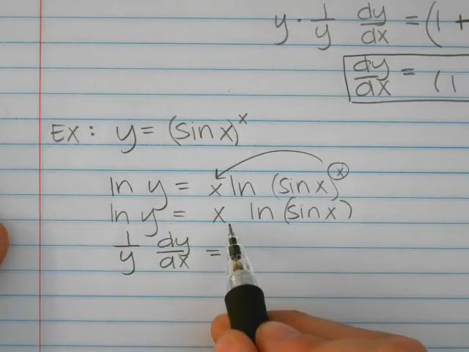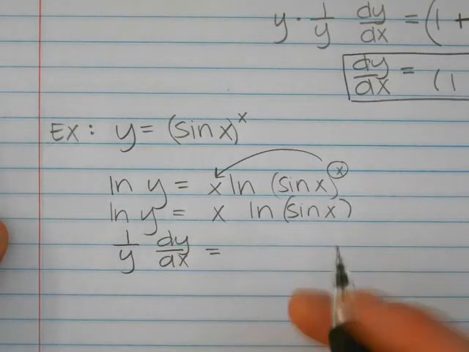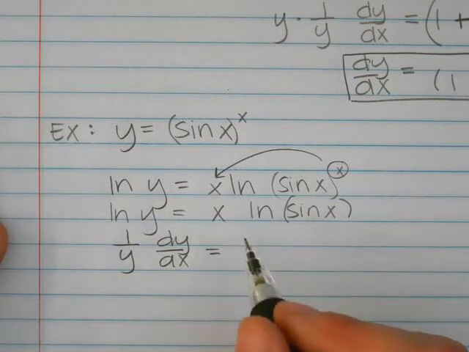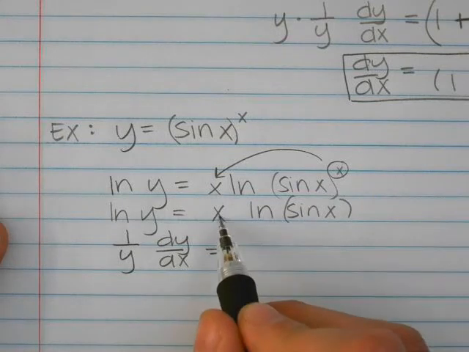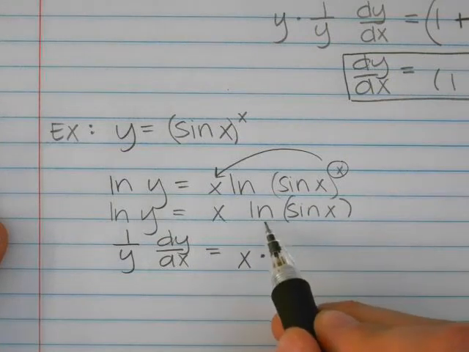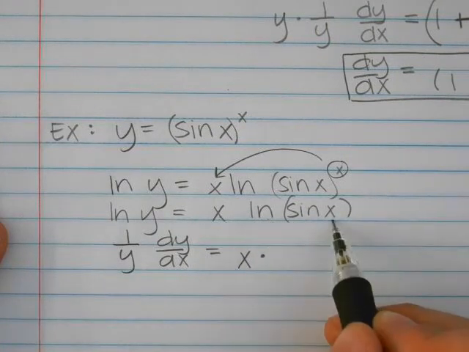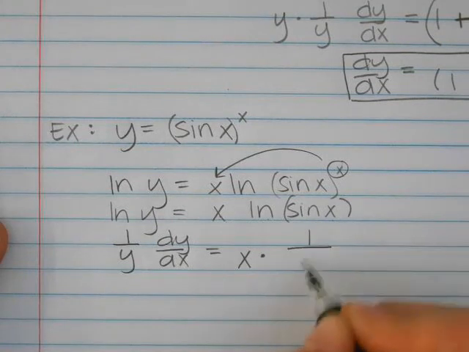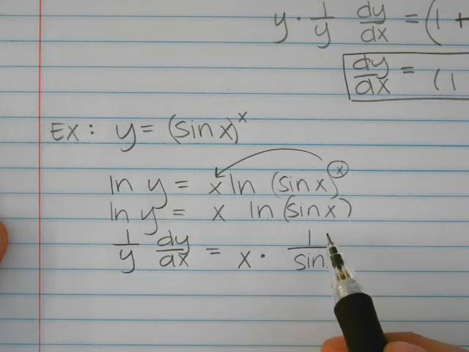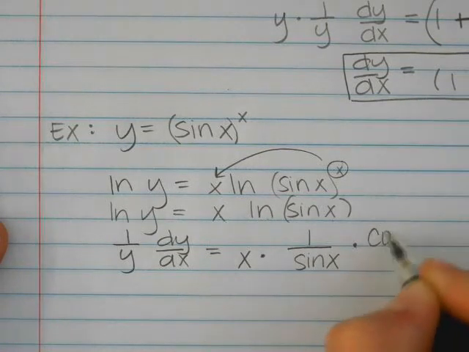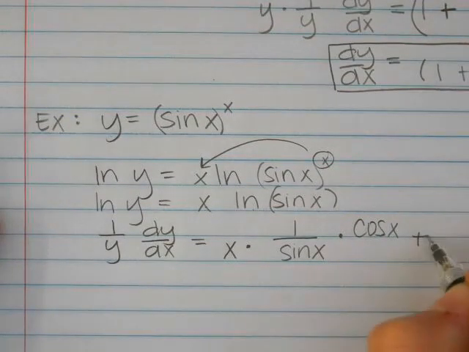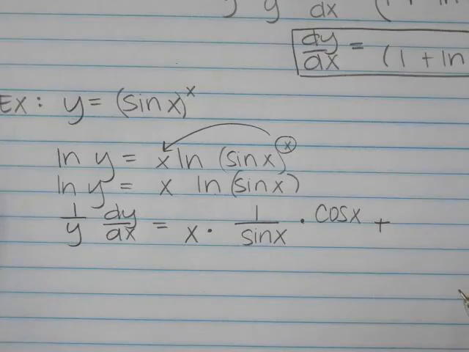And then how do I do the derivative of x multiplied by ln of sine x? Product rule and chain rule. Yeah. So I've got the first times the derivative of the second. So what's the derivative of ln of sine x? 1 over sine x. So that's the outside function. What's the derivative of the inside function? Cos x multiplied by cos x. Okay? So we did the first times the derivative of the second plus the second times the derivative of the first.